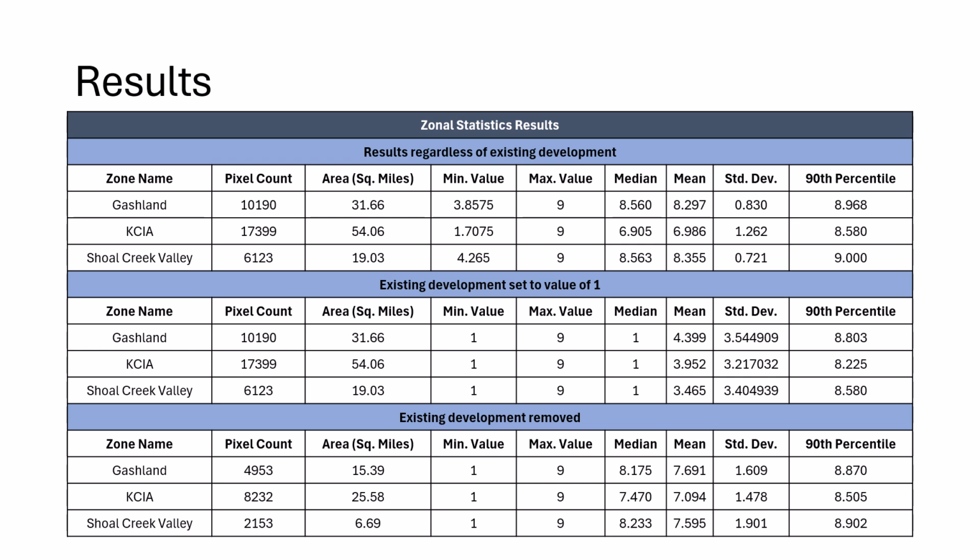And you can see that if you look at the median and the mean, these skew very high. For Gashland, the mean value is 8.2. That means that the residential suitability for at least half is very, very suitable.